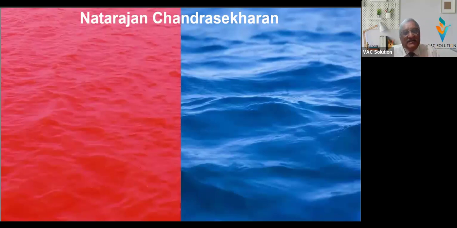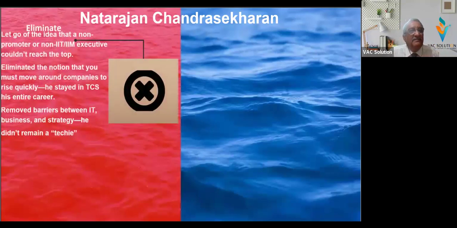He didn't remain a techie. Let go of the idea that a non-promoter or a non-IIT, IIM executive couldn't reach the top. He reached it. Eliminated the notion that you must move around companies to rise quickly.